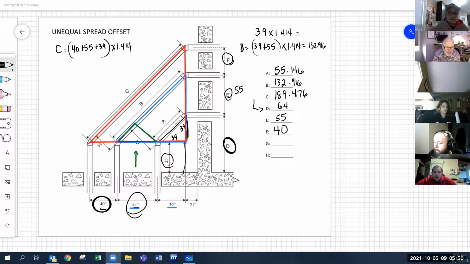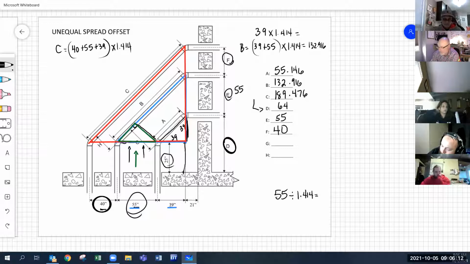This is the travel of that. So the travel is 55. I want to get this line right in here, so I will divide by 1.414 to get G. And G would equal 38.896.